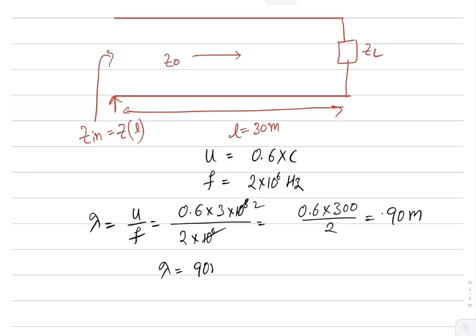Therefore the operating wavelength is 90 meters and the length we have is 30 meters.